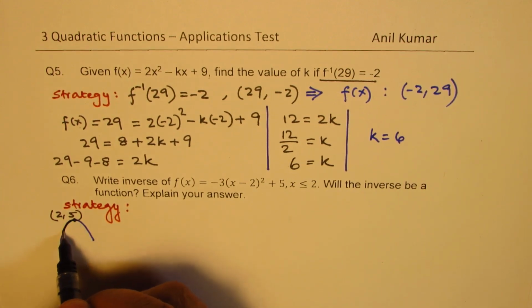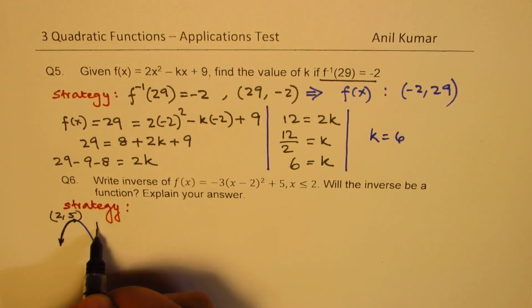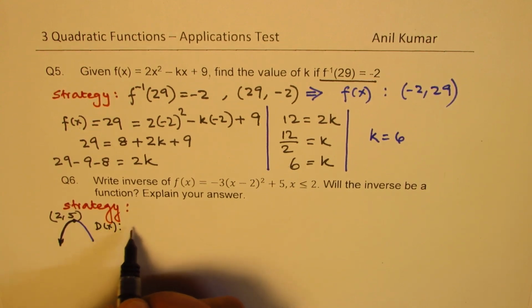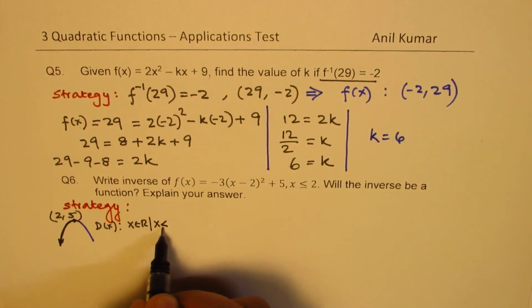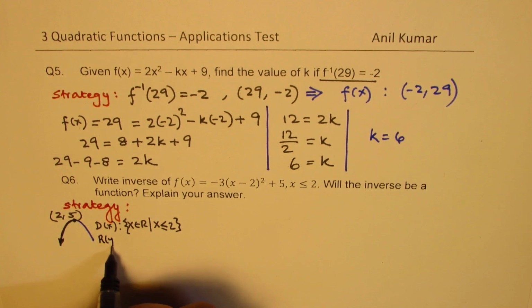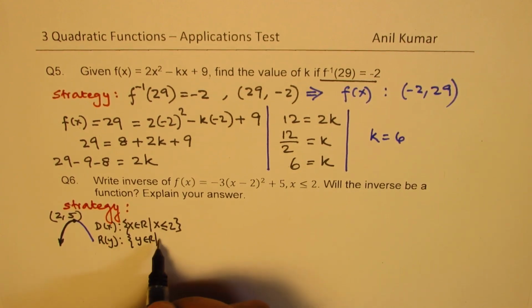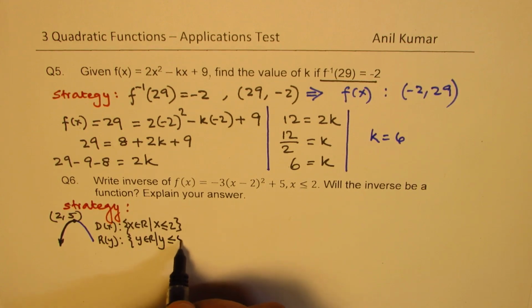That means this side only. So here we know that the domain is x belongs to real numbers where x is less than or equal to 2. And the range is y belongs to real numbers where y is less than or equal to 5, right?